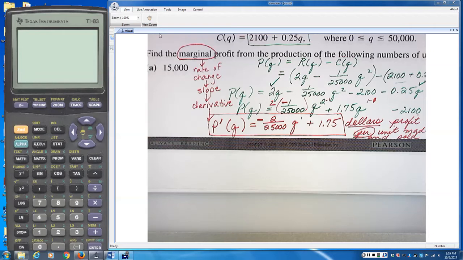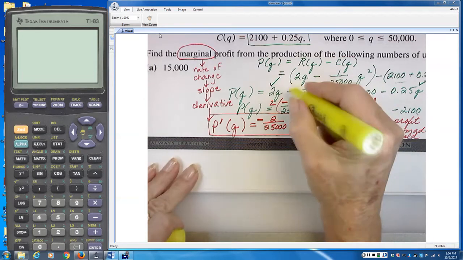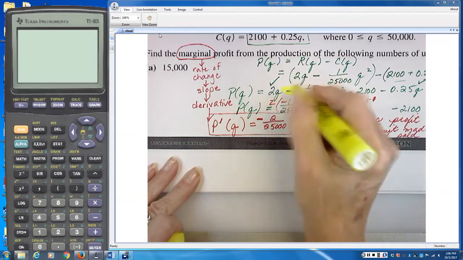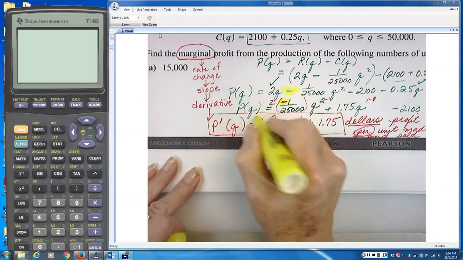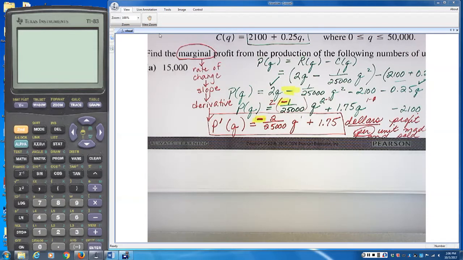That would have been very important, and I would have caught it in a minute when I got an answer that I know is not right. It would have made no sense, but I'm glad we caught it before then. Yeah, there was a negative, because this was negative. So this was negative, and this is negative.